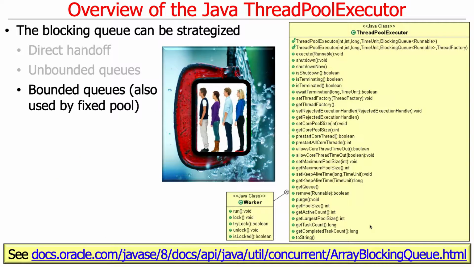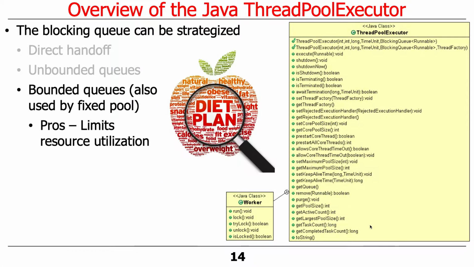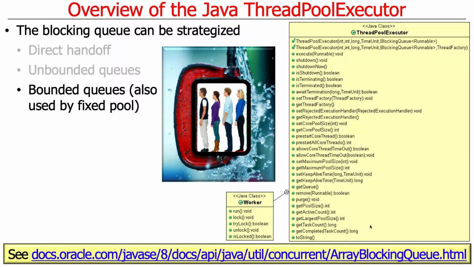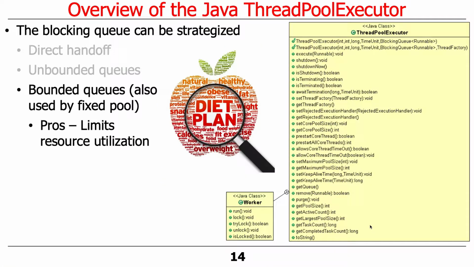And then the third and final approach that you can use here is called bounded queues, which you can also use if you so choose. As the name suggests, you limit the amount of things that are in that queue. The good thing is you can limit the utilization of resources, so you can keep yourself on a memory diet, if you so desire.